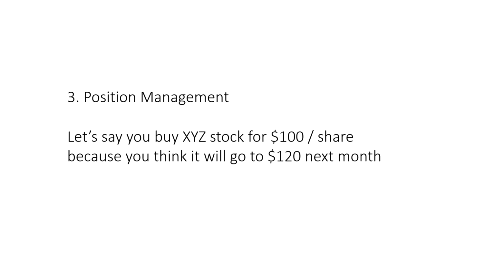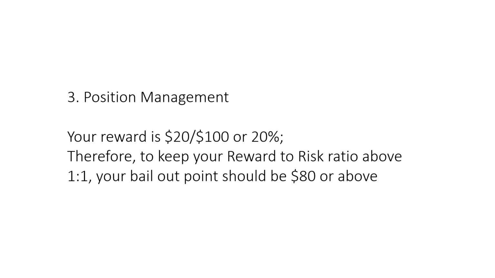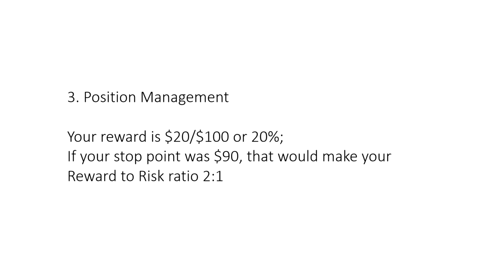Let's say you buy XYZ stock at $100 a share because you think it's going to 120 next month. Your reward is $20 over the initial 100, which is 20%. Therefore, to keep your reward-to-risk ratio above 1-to-1, your bailout point should be $80 or above. When you go below $80, your risk is more than your reward. Does that make sense? Hopefully.